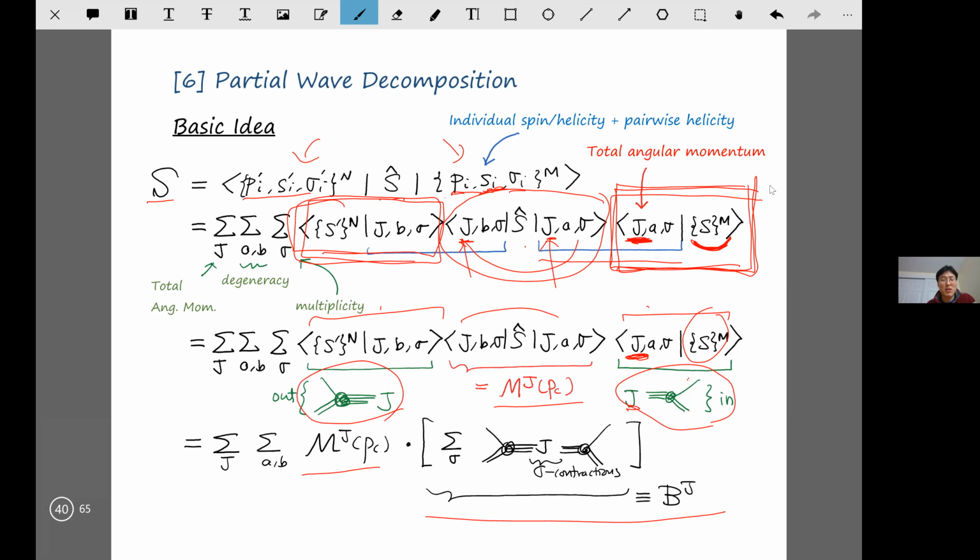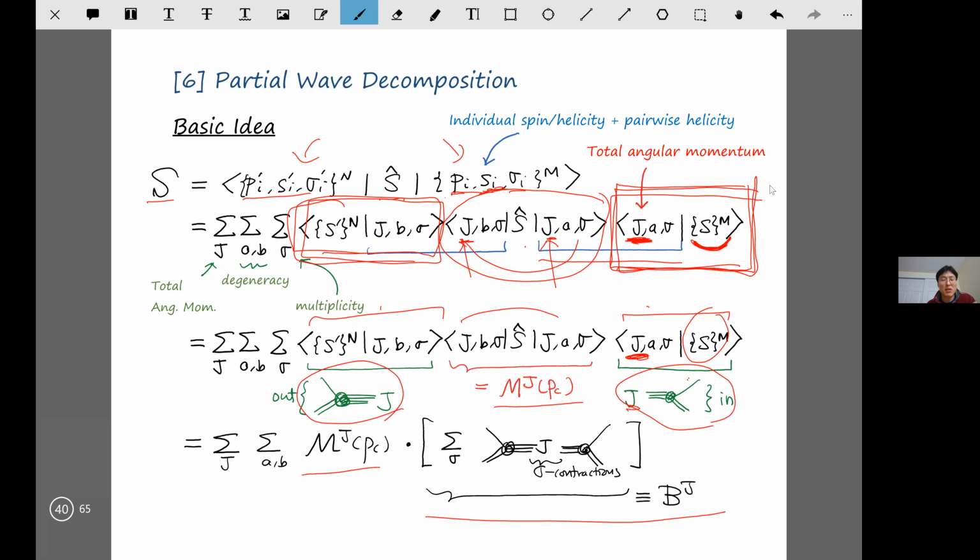The important point is that this B_J, like I promised, is an eigenfunction of the total angular momentum J. What do I mean by that? The Poincaré algebra has two Casimir operators, meaning operators that commute with all of the generators. One is P squared of the total momentum, which measures the mass of the state. The second is the square of the Pauli-Lubanski pseudovector, which is defined as this and measures the total angular momentum of the state.